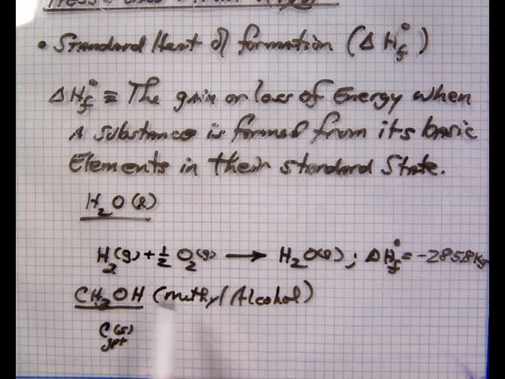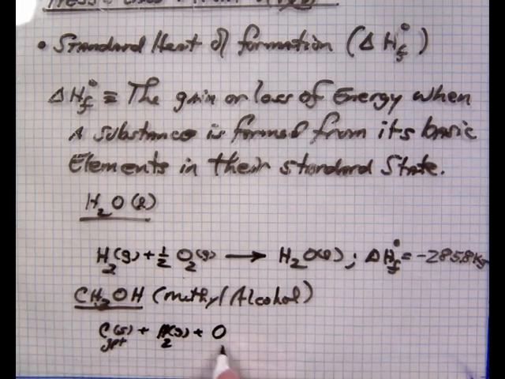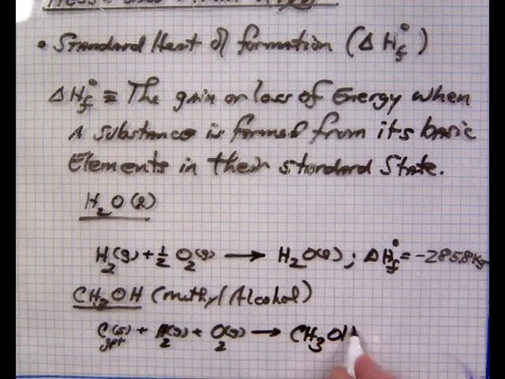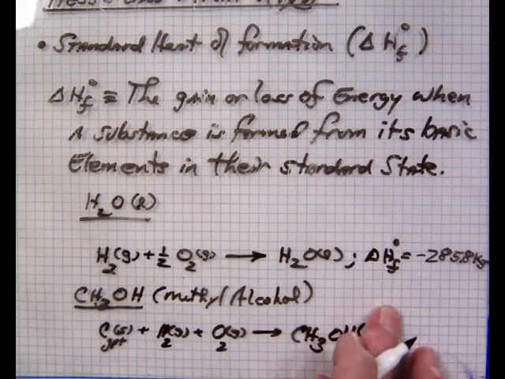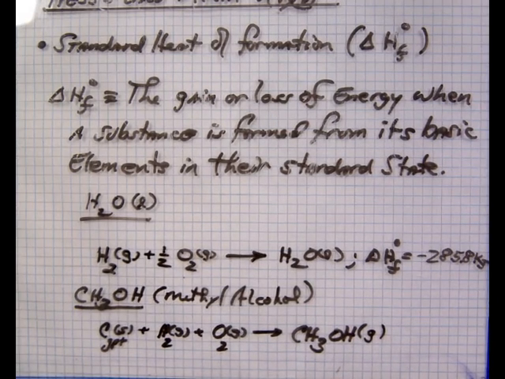We already know about oxygen and hydrogen, so we have to put those down in standard state, H2 gas and O2 gas, and all this is going to form CH3OH, and it's a gas at standard state at 25 degrees.